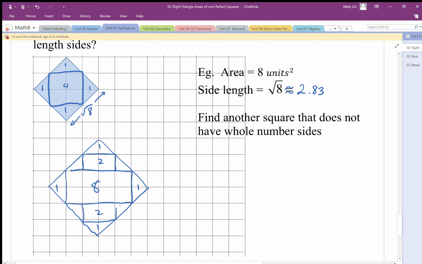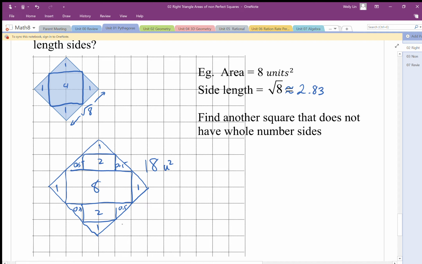And then there's 0.5, 0.5, 0.5, 0.5. So if I count that all up, that's 8, 10, 12, 13, 14, 15, 16. Between those two is 17. Between those two is 18. So there's going to be exactly 18 units squared.